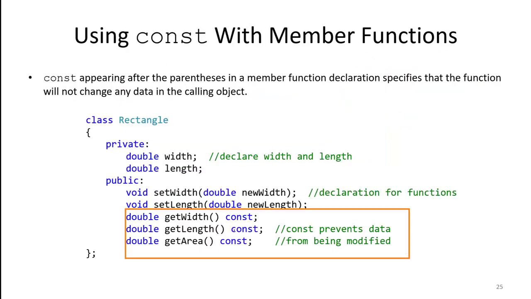As we mentioned, some programmers choose to include const after the function declaration. If you include const here, this will ensure that the function cannot change any data in the object that it is being called with. So this is an additional layer of protection. It prevents those get functions from making any changes.